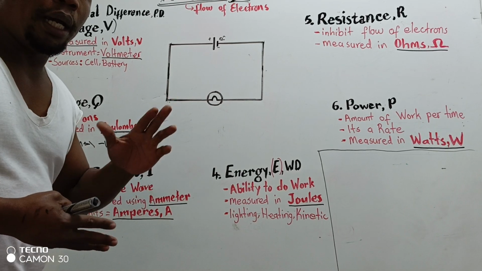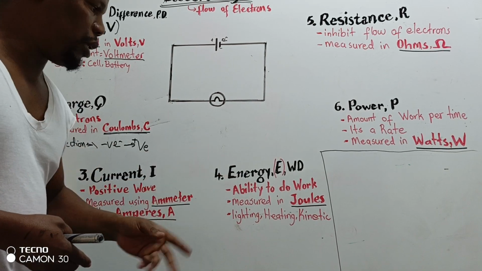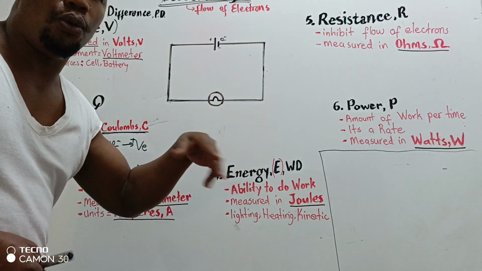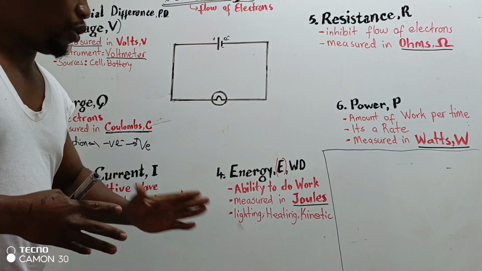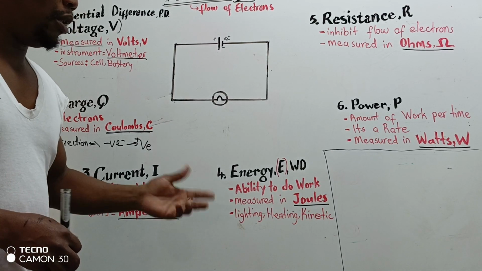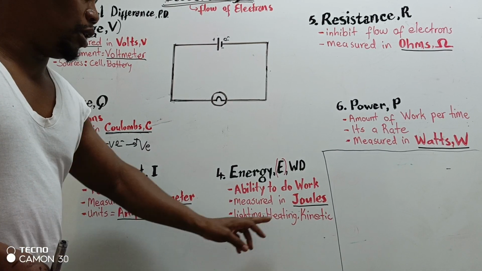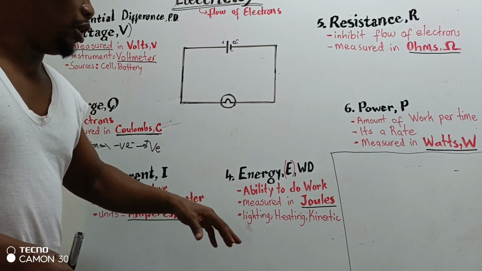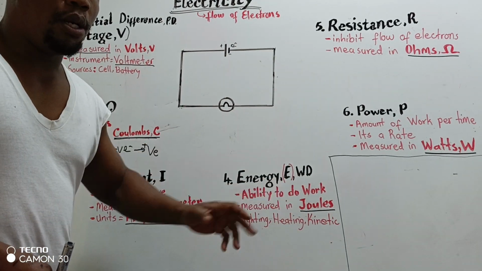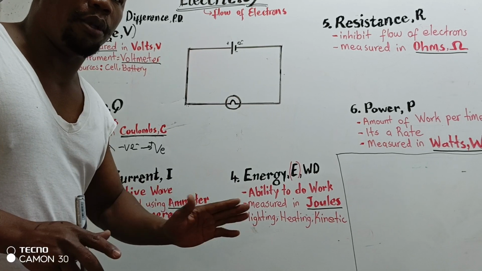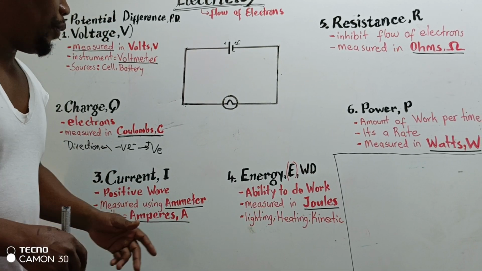Plug in a radio, you get sound energy, and also heating. Other things like the fan use kinetic energy, right? So they're going to do all this kind of work. The amount of work done is measured in joules, abbreviated as J. Energy is abbreviated as E, or work done. Same thing. Don't forget.